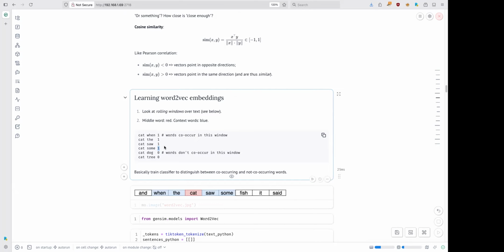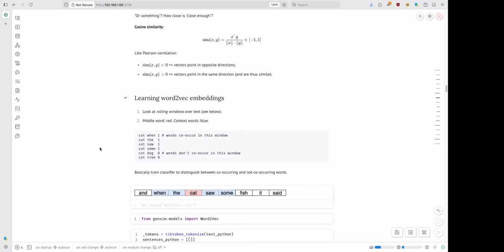So we need to manually supply negative examples. We need to manually supply combinations of tokens that do not occur in the window. This is done randomly, so this is not part of the sliding window procedure. In particular, we see that cat and dog do not co-occur, cat and tree do not co-occur, and so on and so forth.